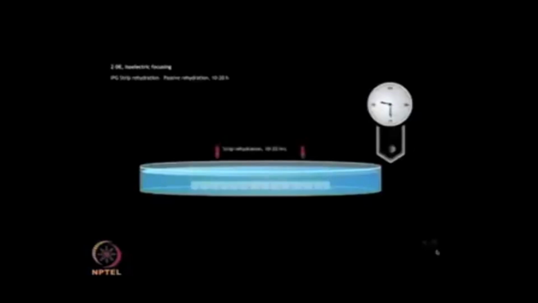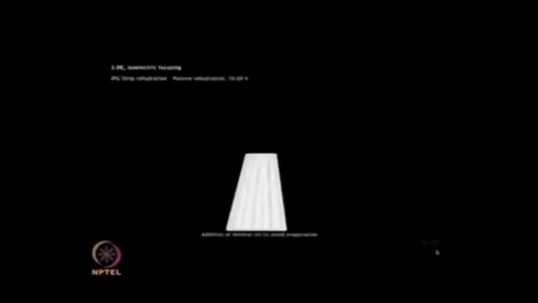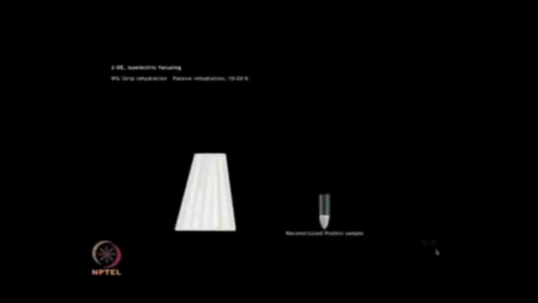In passive rehydration, the IPG strip is placed with its gel side downwards in a well containing the protein sample, reconstituted with a suitable buffer. As you can see in the animation, you can apply the protein sample and then add the IPG strip so that it can absorb the protein solution.